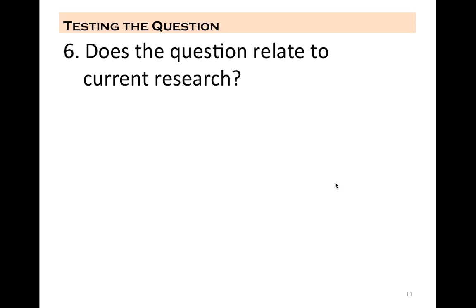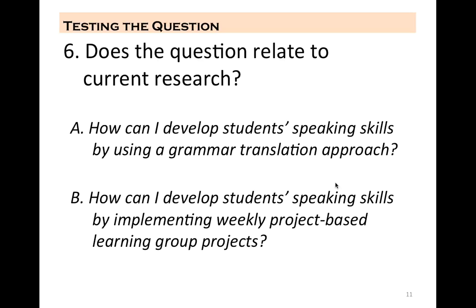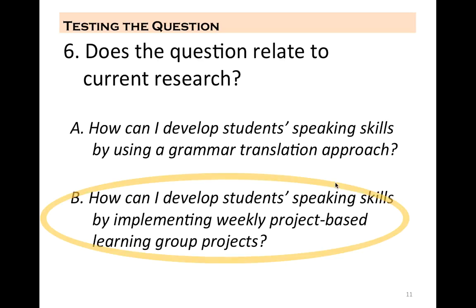Number 6, does the question relate to current research? Answer B connects to current research. When you write your specific research question and have a solution, your solution must connect to current research.